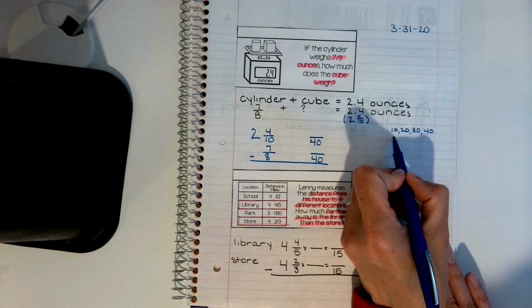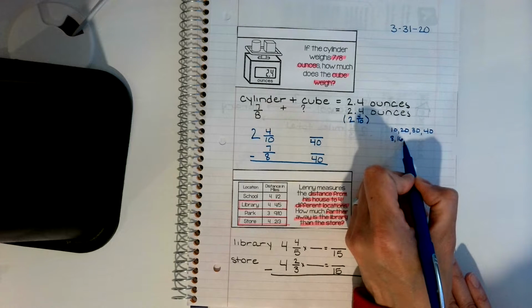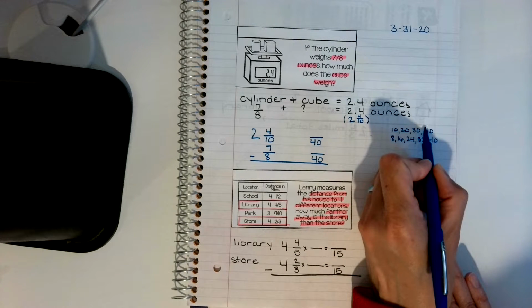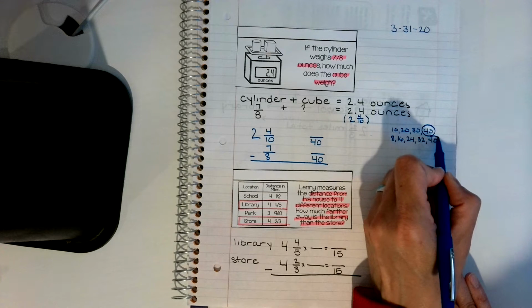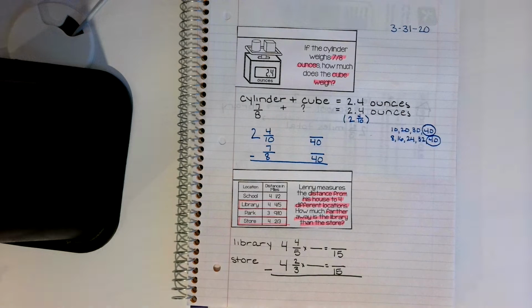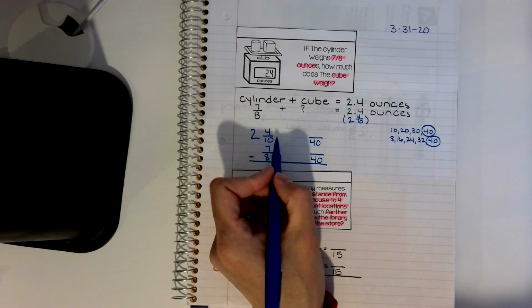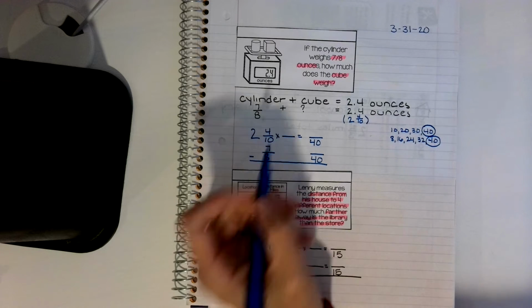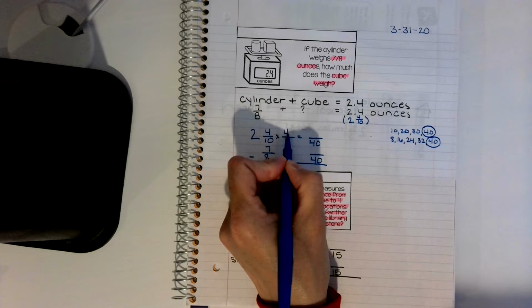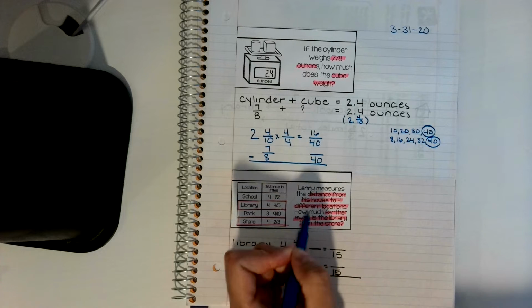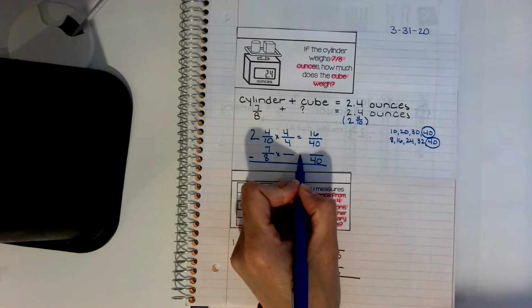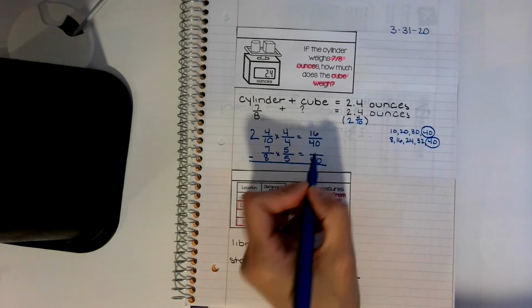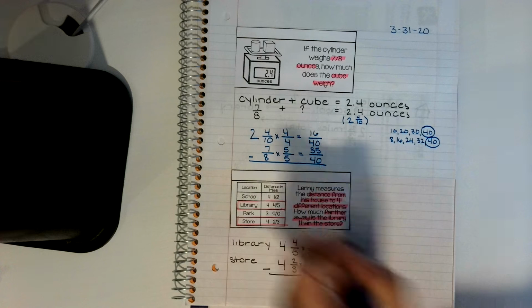And my multiples of 8: 8, 16, 24, 32, 40. 40 would be the common one. You could also use 80, but then you would have to make sure you simplify really well too. So 10 times what gives you 40? 4. 4 times 4 is 16. 8 times what gives you 40? 5. 5 times 7 is 35.